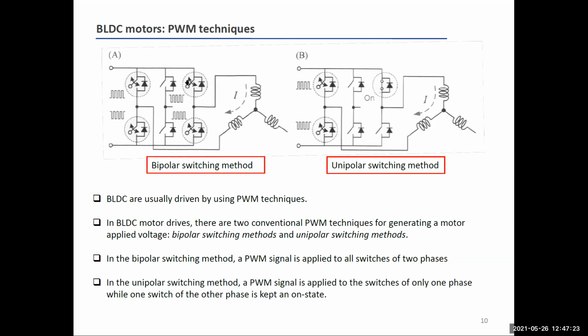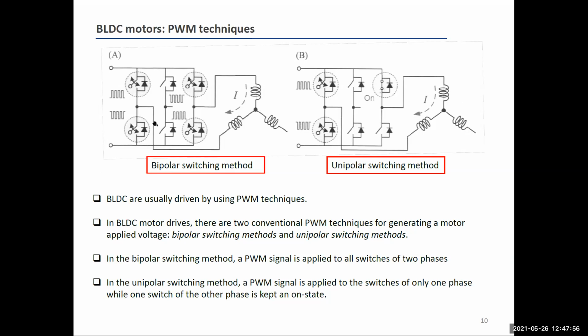So when you switch these two transistors, you also have to switch the opposite transistors in the same leg in order to avoid cross conduction. For example, this one, T1, and this one, T4, must be switched in a complementary way with respect to the other two.